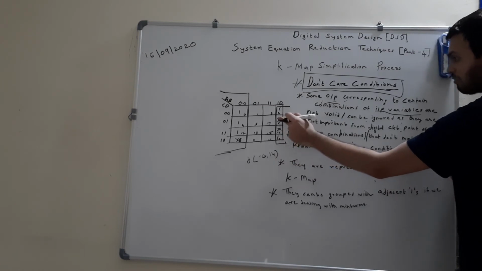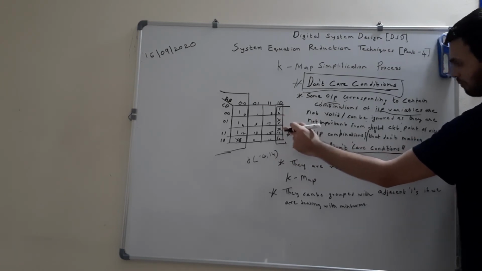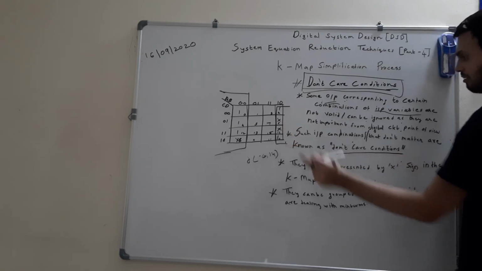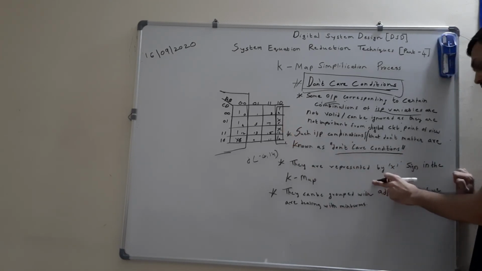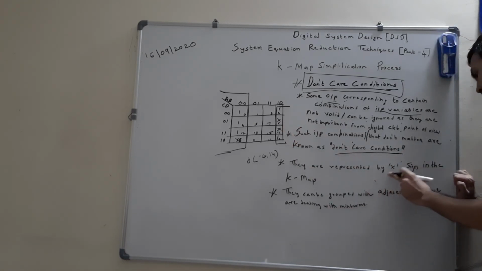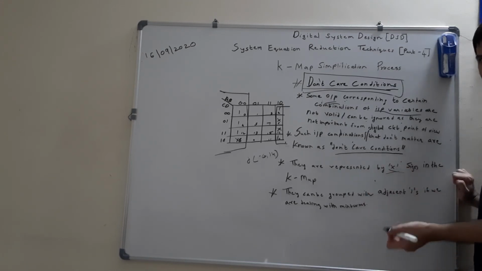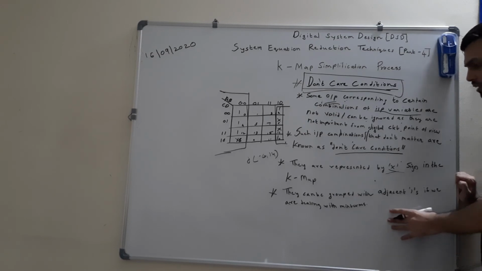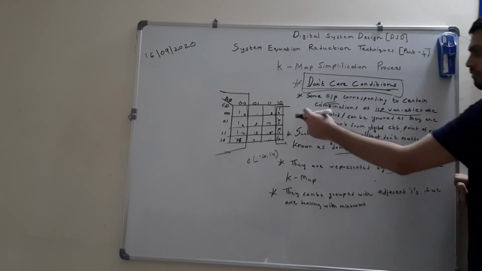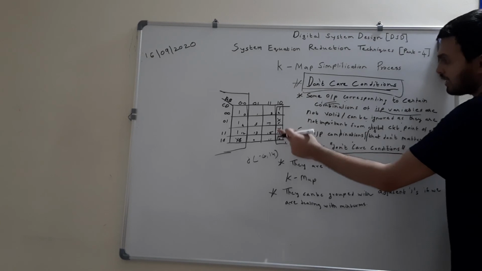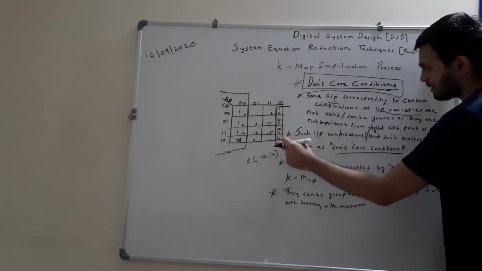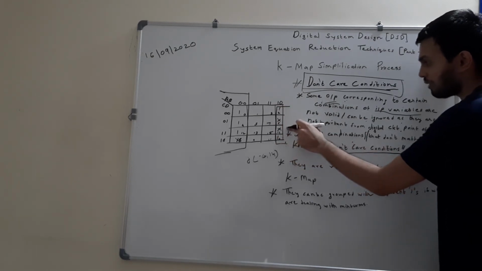That's why I have written a cross in the 6 cell, and in the 14 cell also I have put a cross. So to represent a don't care condition in K-map, we put a cross sign, and this cross sign can be grouped with adjacent ones and zeros. Now we are dealing with min term grouping. That's why we can group these crosses with ones. So here we have two adjacent ones, but then again also we have a don't care.